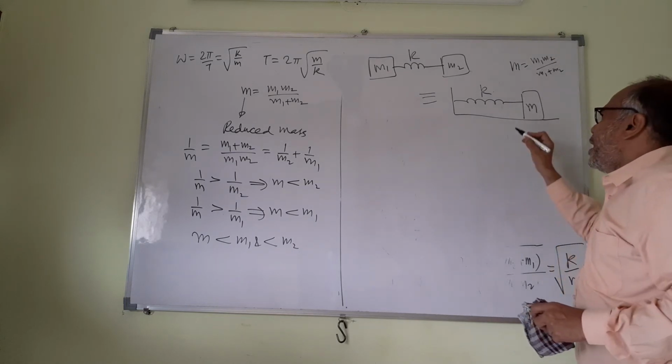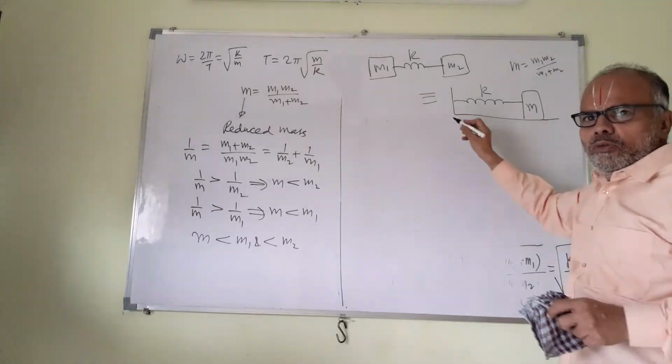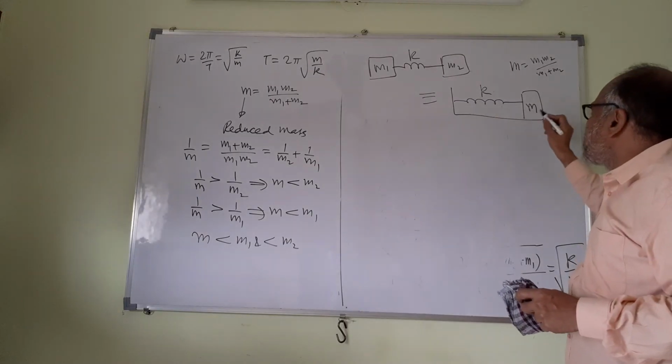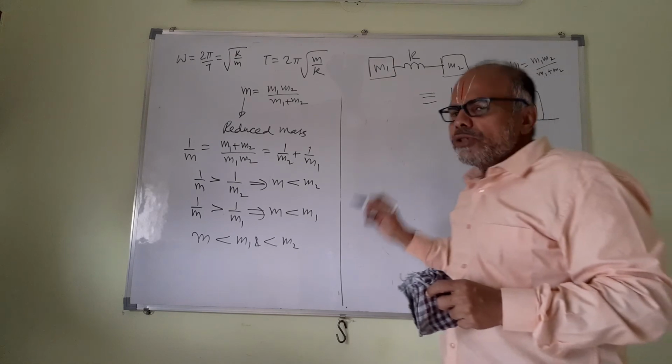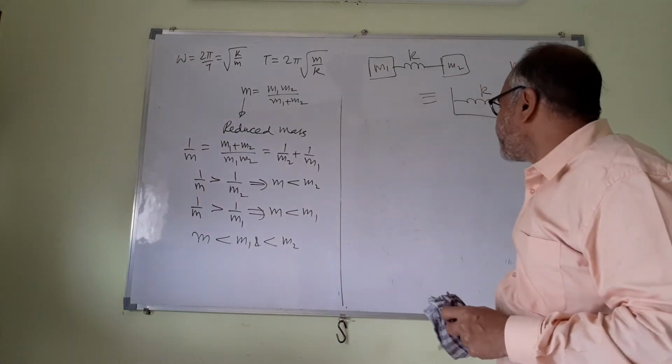That is, you have a spring mass system with spring connected to the wall and the mass equal to the reduced mass of the system.